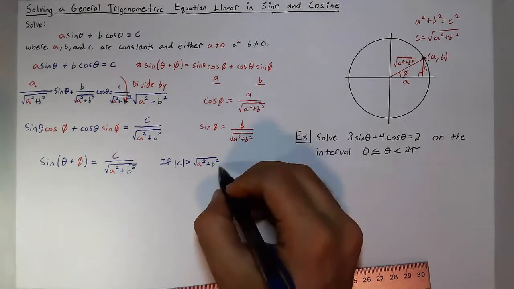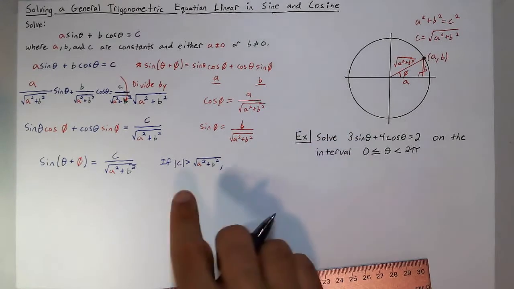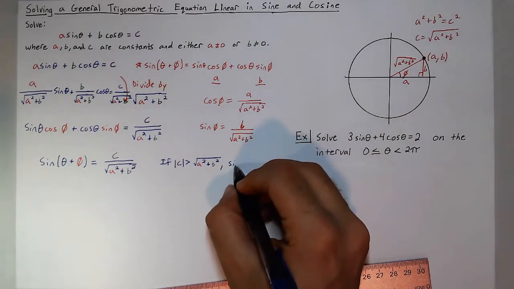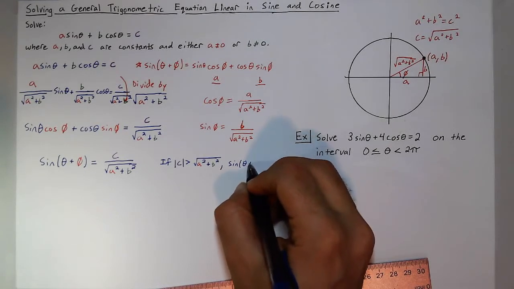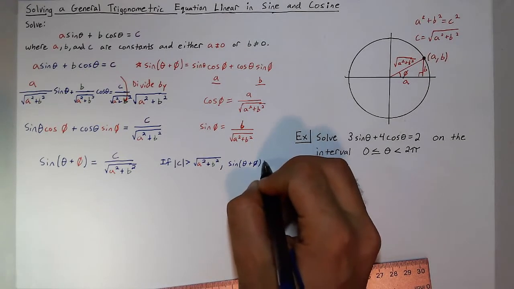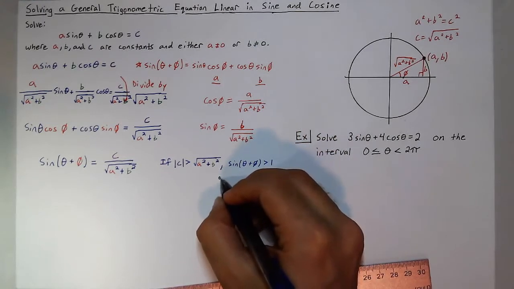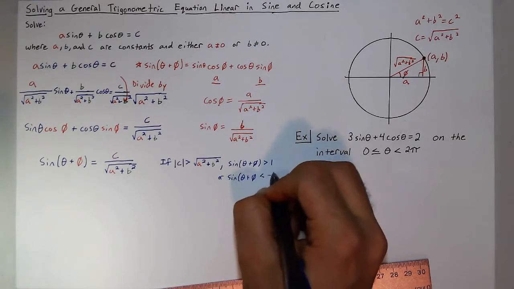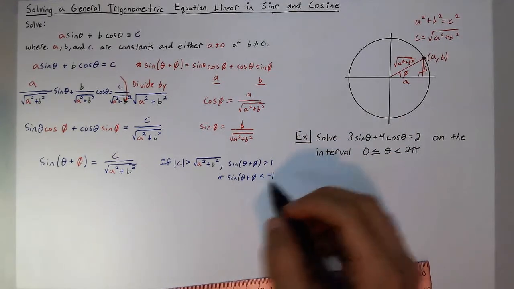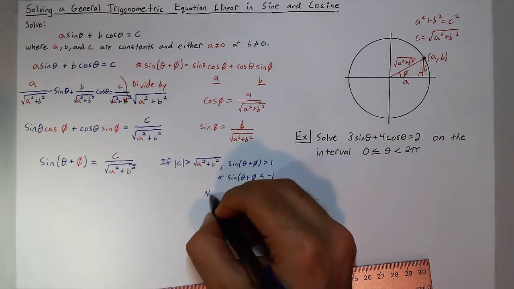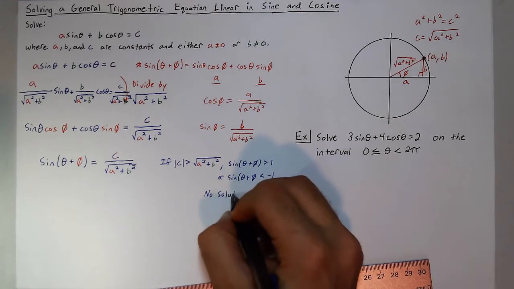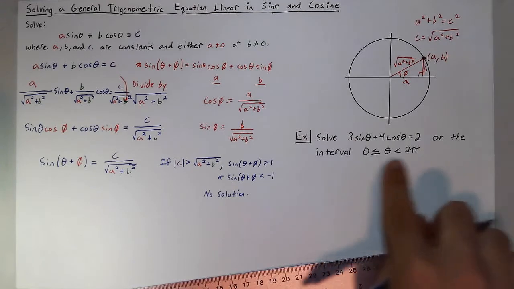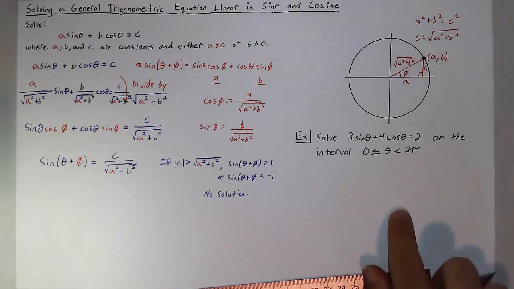So this becomes an issue, because if this is true, that means that sine of theta plus phi is either greater than 1 or less than negative 1. This is impossible. In this case, you would have to say there is no solution. So keep in mind that this might happen, and when I work out this problem on the right, you'll see where that comes up.